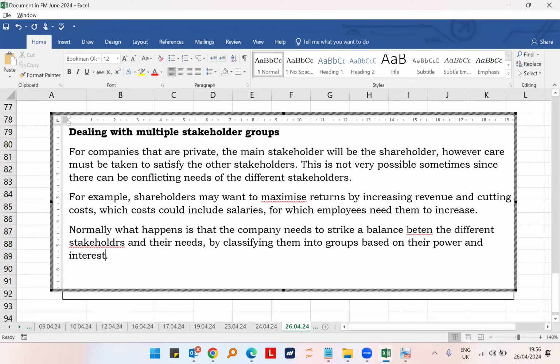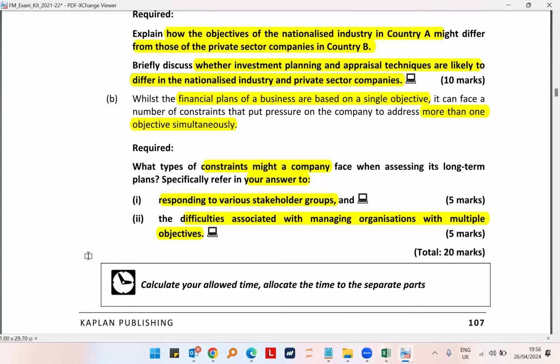So, of course, we are going to go to the solution and see how many other points have been made. But here you could also maybe look at, remember, the question also asks what type of constraints might a company face. So we haven't looked at that.